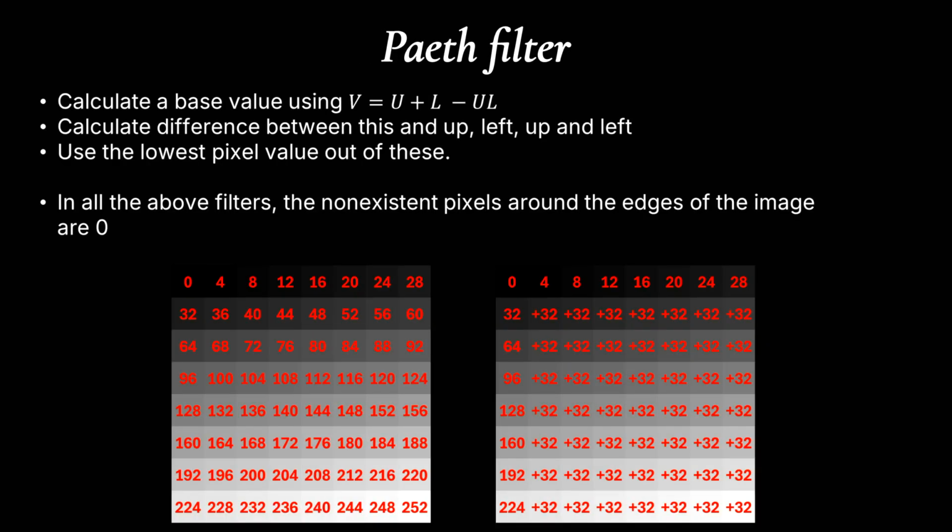And then there's the slightly more complex one called the Paeth filter. Now this one is all a bit eleven herbs and spices, like a lot of this stuff tends to be. You calculate a base value. This is an incorrect example, I forgot to remove this. So the base value is: say I'm looking at this pixel here, you look at the number above, you look at the number to the left, you add them together, and then you subtract the one that's up and to the left.